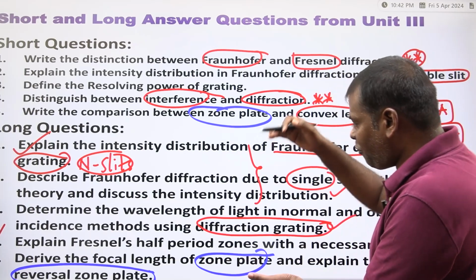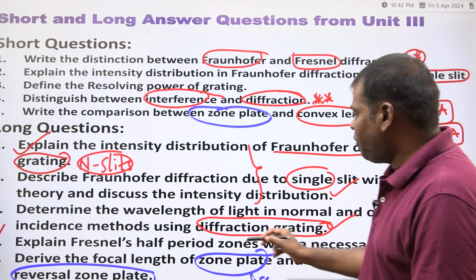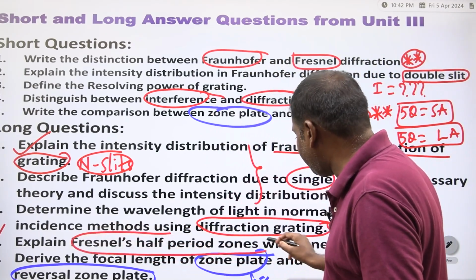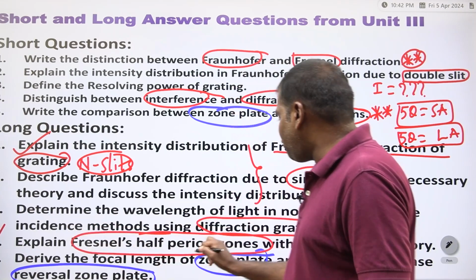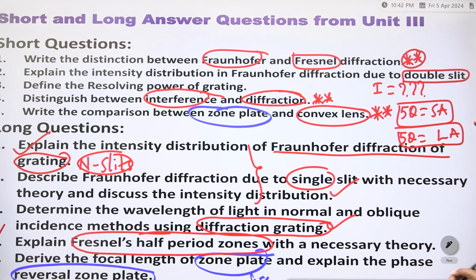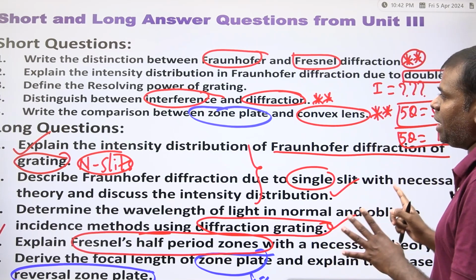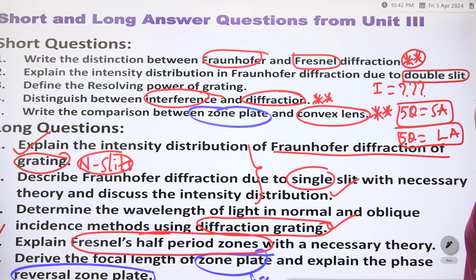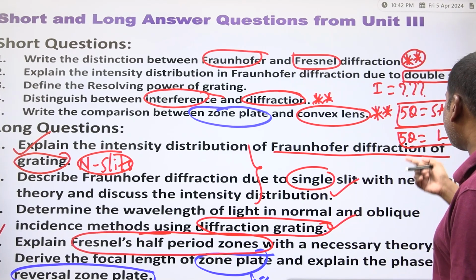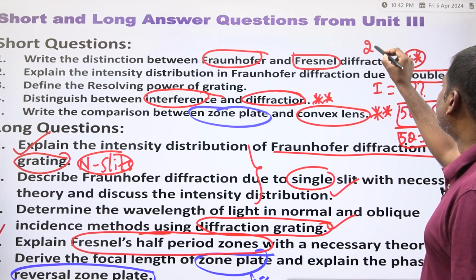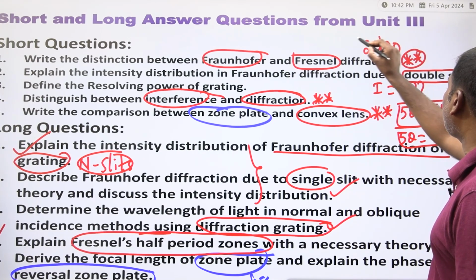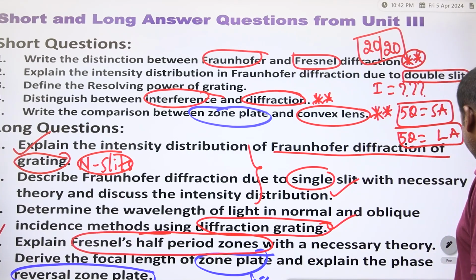Explain the Fresnel's half-period zones. Fresnel's half-period zones very, very important. Derive the focal length of zone plate and explain the phase reversal zone plate. These are very, very important questions. The above 10 questions you have to read. You will get the 20 marks you have to get in this unit.